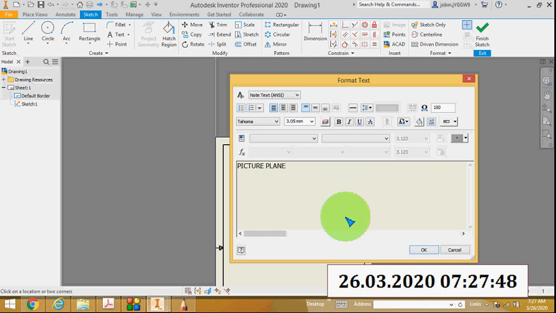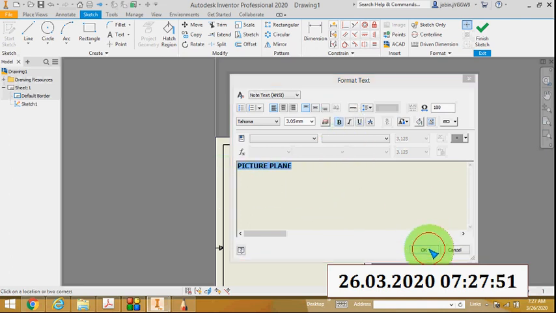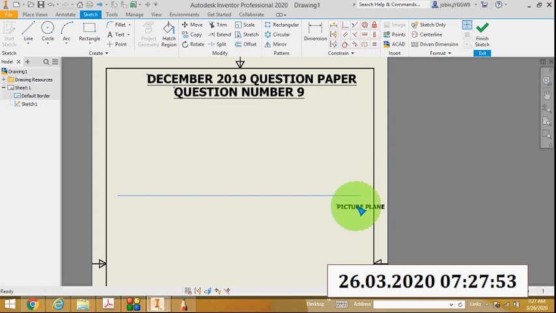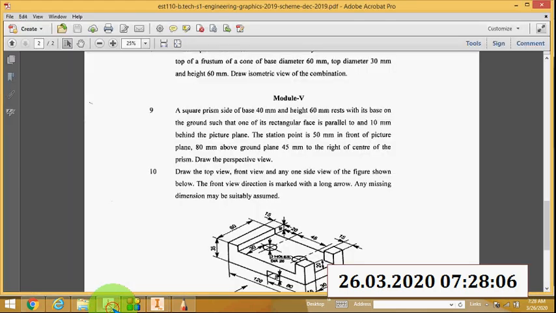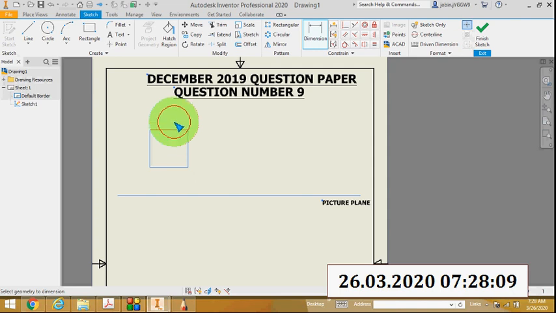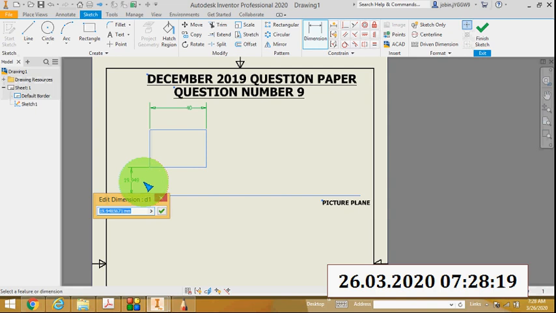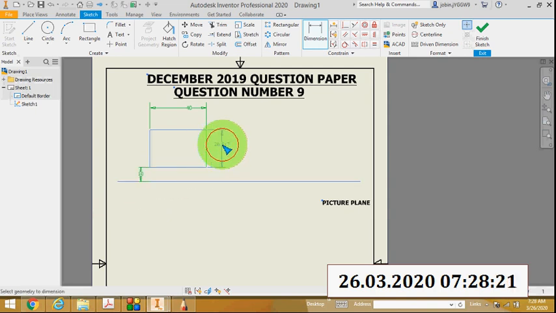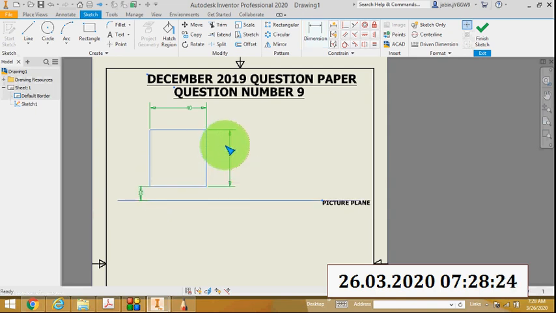Then I will draw a square. What is the dimension of the square? It is 40 mm. So this is 40, and before that, this distance from the picture plane to this object is 10 mm, and the dimension is 40.